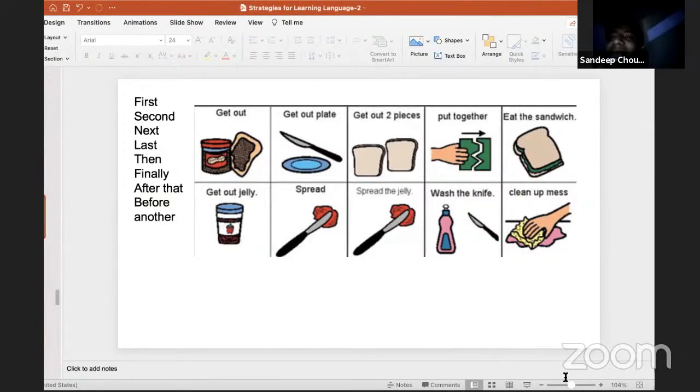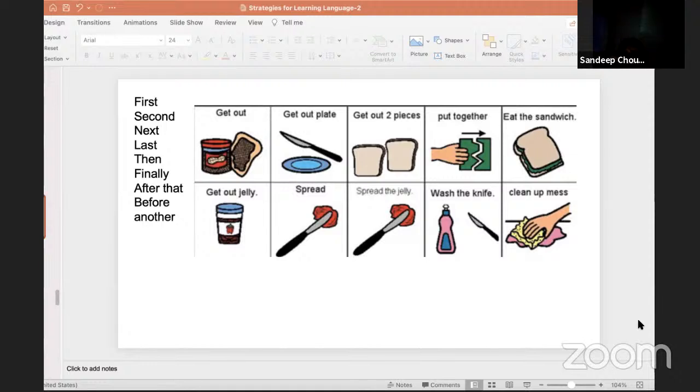Okay, Sandeep, do you want to eat a sandwich? Yes, ma'am. Okay, go ahead. First of all, whatever we want to have in our breakfast, we need to prepare it. So to prepare a sandwich, I will need bread and jelly because I like jelly sandwiches. So for that, I will bring a bread packet and a jelly packet too. If I already have them in my house, I will use them before and then the next.